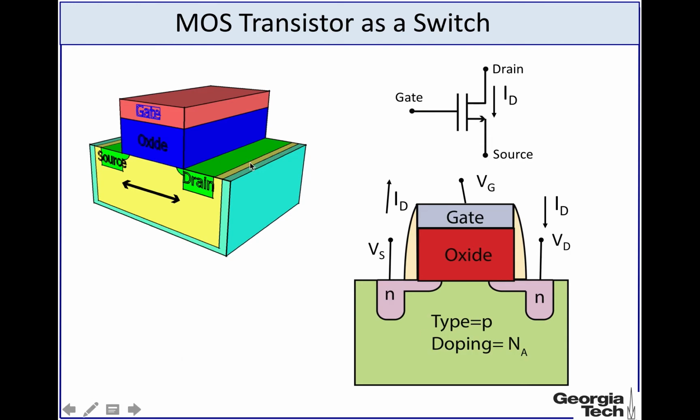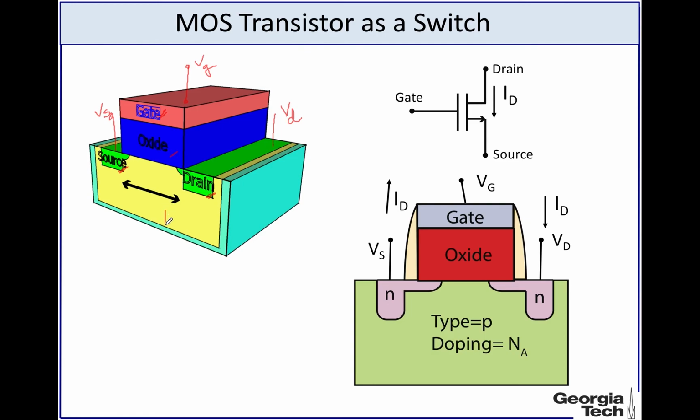This is a 3D schematic diagram of a transistor. Here you have the drain, you have the source, this is the oxide, and this is the gate. You apply a gate voltage here and a drain voltage here, and the source voltage is here.